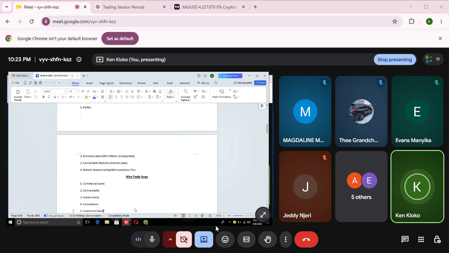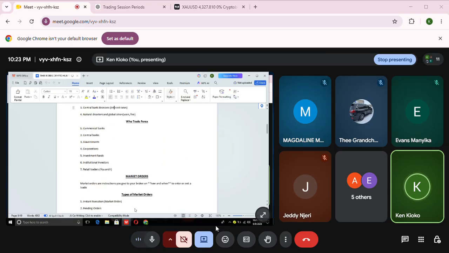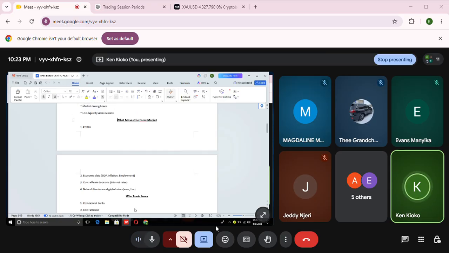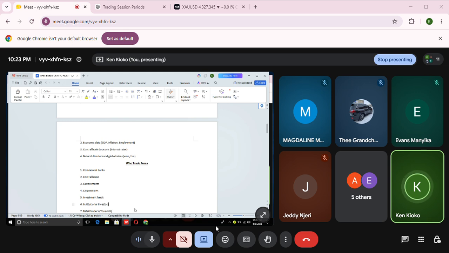Let's check on the last subtopic for today. That is now who trades forex. Number one is commercial banks. Commercial banks are the banks we normally use to do our transactions, like Equity, KCB, and the rest.